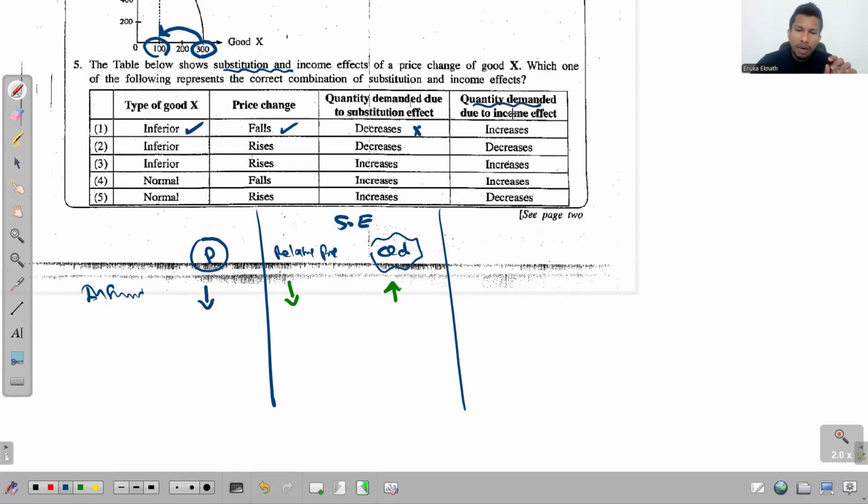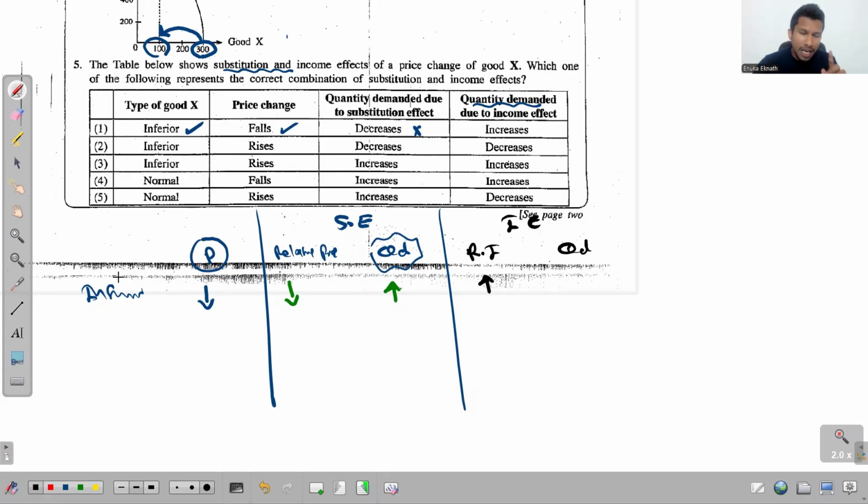And quantity demanded due to income effect. Okay, so when you think about this income effect, let me write here income effect. It's about what happens to the quantity demanded as a result of changing consumers' real income. So think about it in this way. When the price of the good falls, consumers' real income increases.